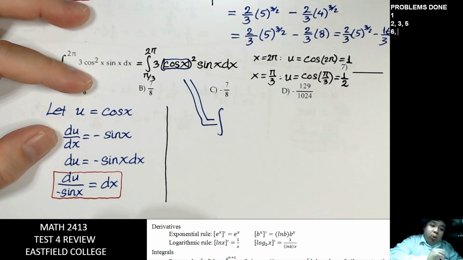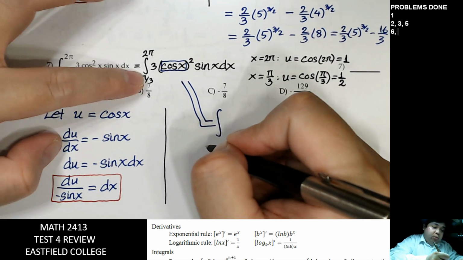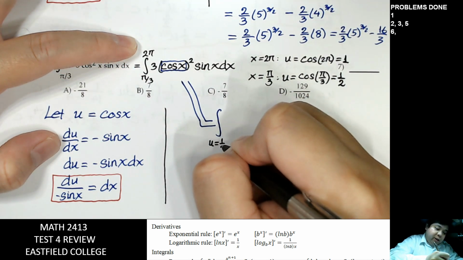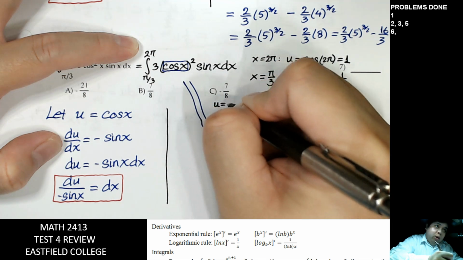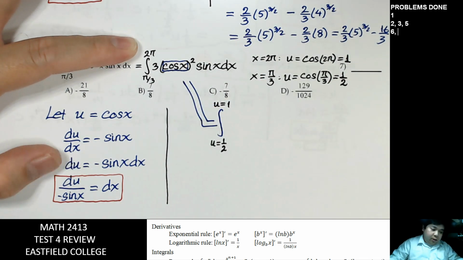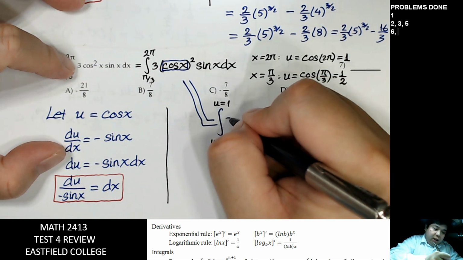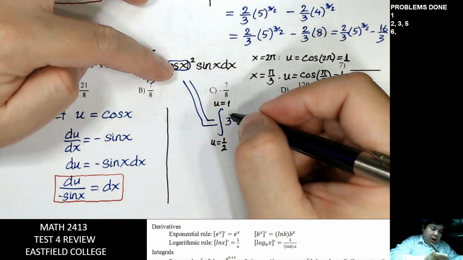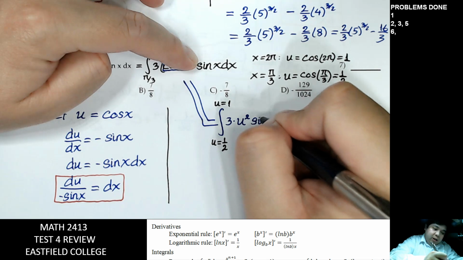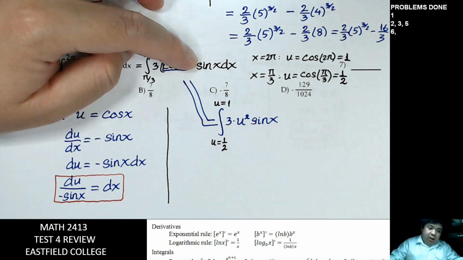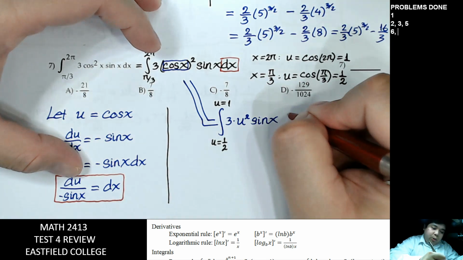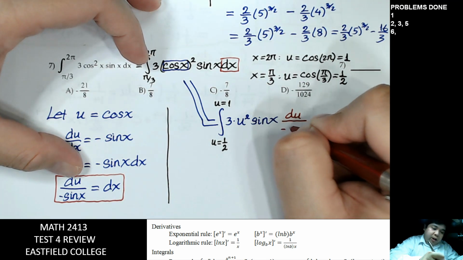Right, so we go from pi over 3 to 2 pi, go to u equal to 1/2 to u equal to 1. We have 3 u squared, sine x is still there, dx is du over negative sine x.